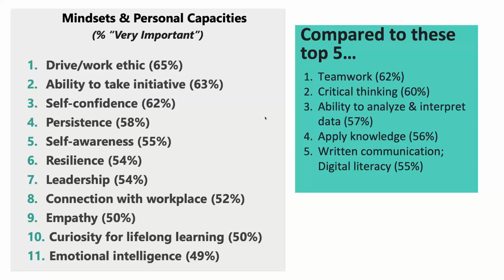But there were some other personal capacities that were rated even higher than those essential learning outcomes, such as, do candidates have a good work ethic? Do they have the ability to take initiative? Do they have self-confidence? Do they have persistence? Employers rated those as very important.